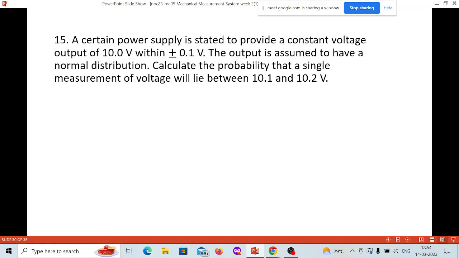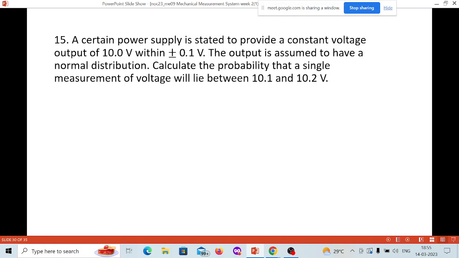Moving on to the next question, we have a certain power supply stated to provide a constant voltage output of 10 volts within plus or minus 0.1 volt. The output is assumed to have a normal distribution, and we need the probability that a single measurement of voltage will lie between 10.1 and 10.2 volts.